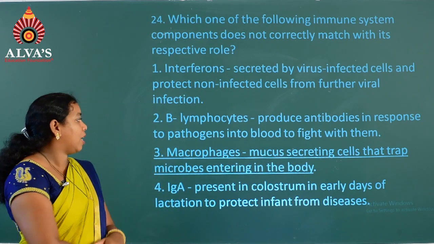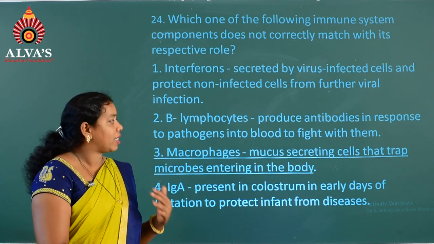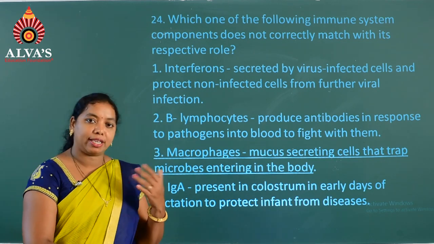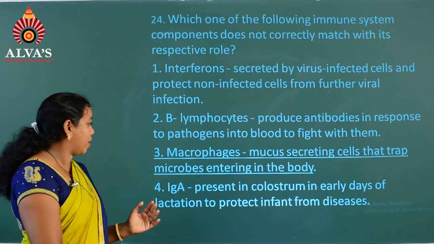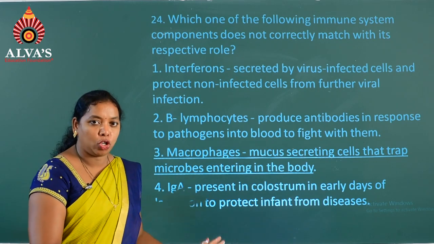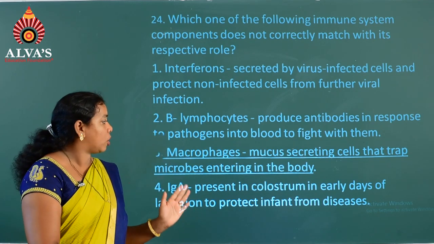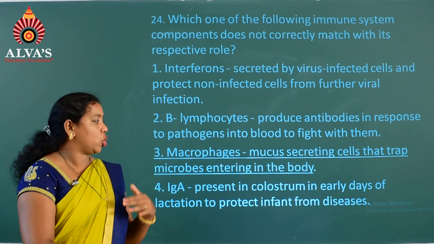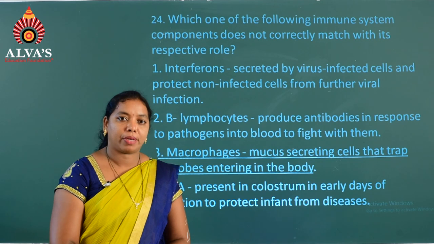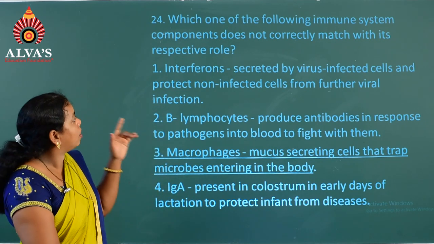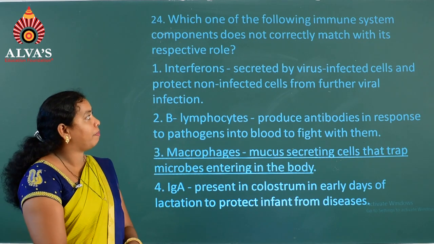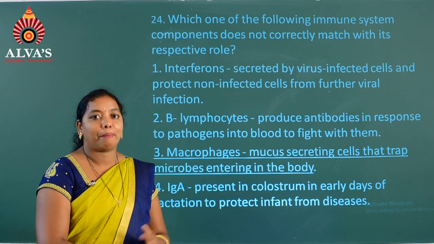Whereas the third one, macrophages, mucus secreting cells that trap microbes entering the body. And the fourth one, IgA, that is immunoglobulin A, present in colostrum in the early days of lactation to protect the infant from diseases. So here the question is to identify from the following statements which is not correctly matched.